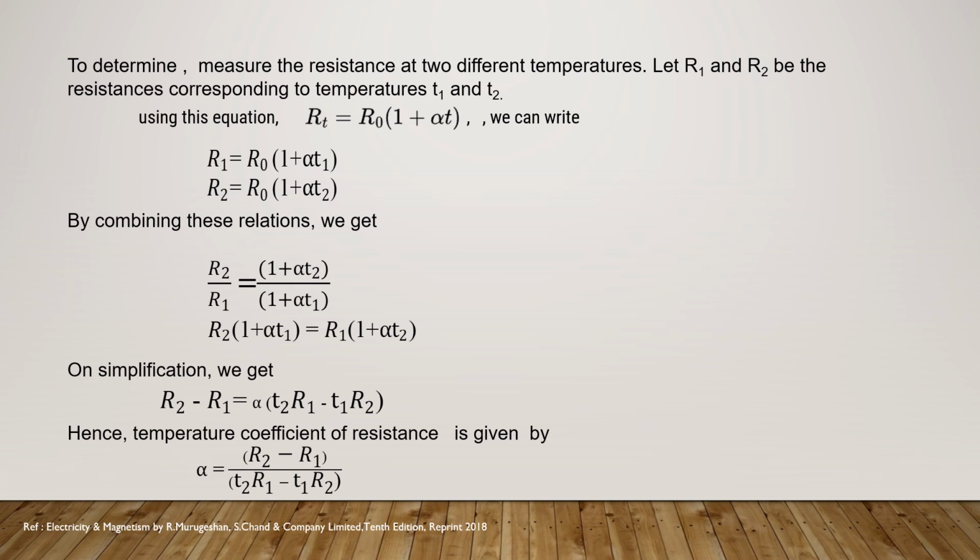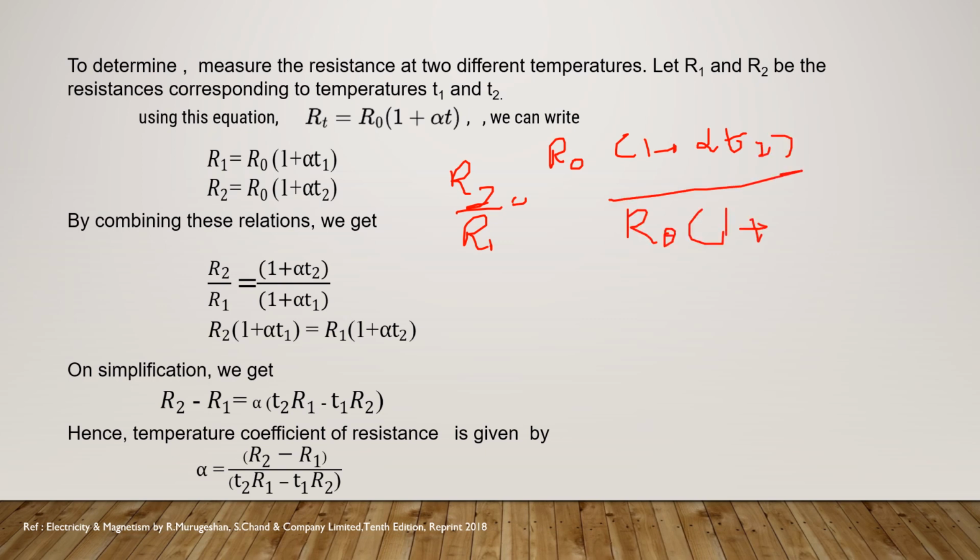Now divide one by the other: R2 divided by R1 is equal to R0 into 1 plus alpha T2 divided by R0 into 1 plus alpha T1. Here R0 gets cancelled. Therefore, R2 by R1 is equal to 1 plus alpha T2 by 1 plus alpha T1.